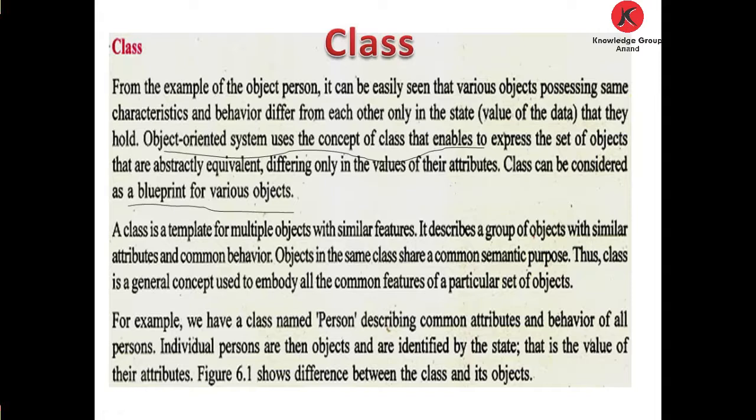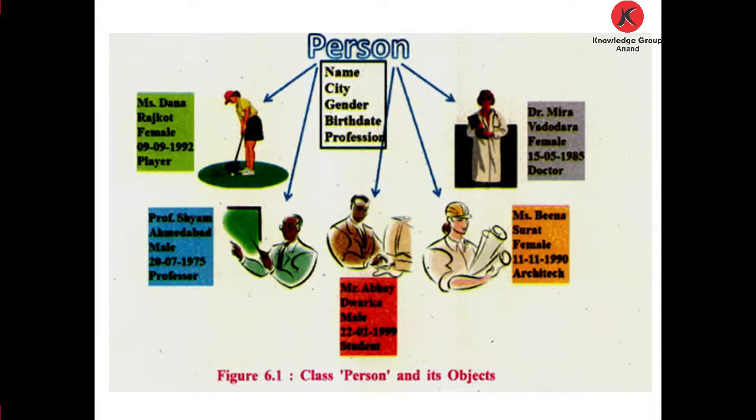Figure 6.1 shows the difference between a class and its objects. Here you can see person is a class. What are its attributes? Name, city, gender, birth date, and profession. These are the attributes of the person class.